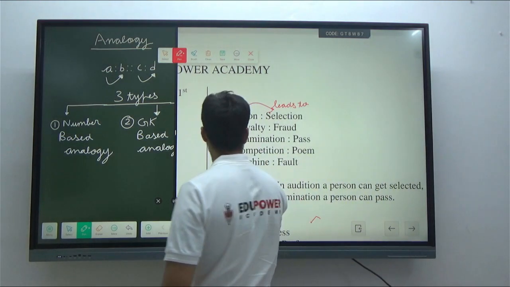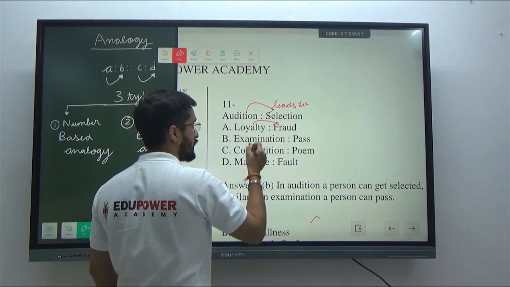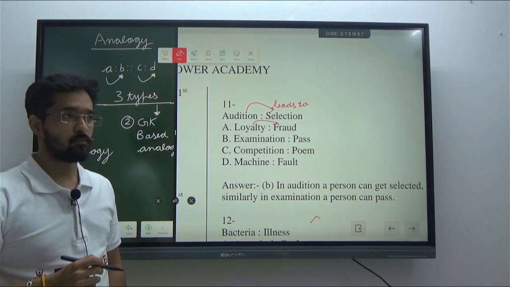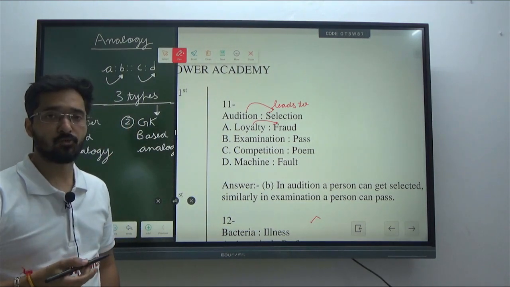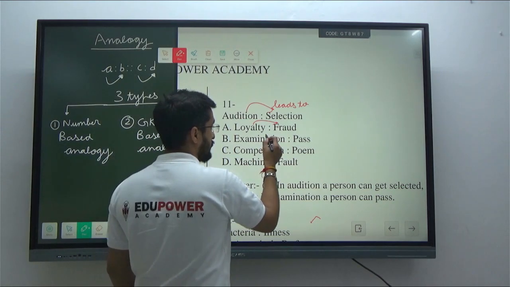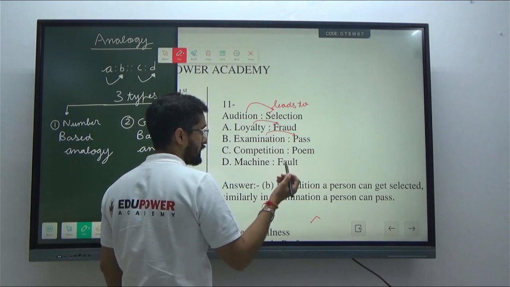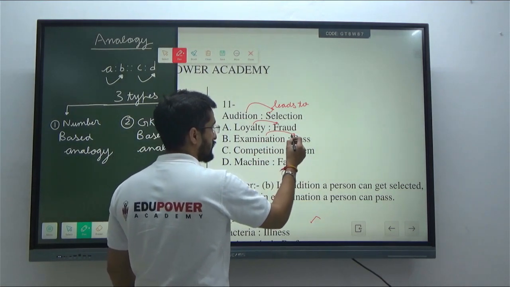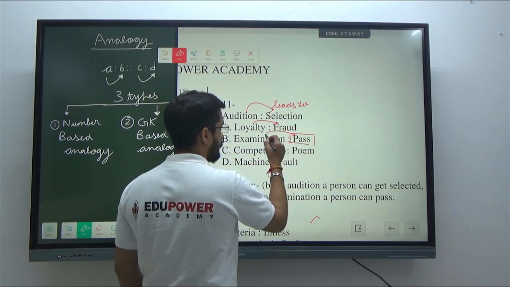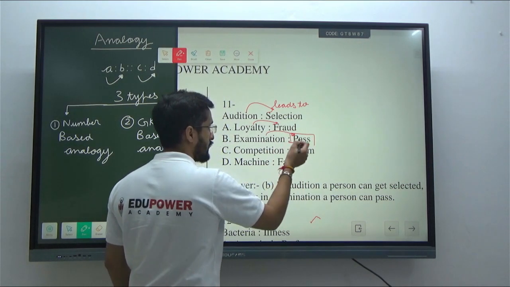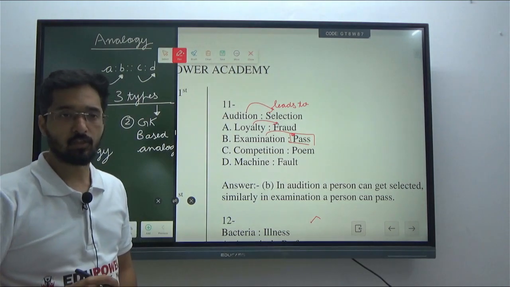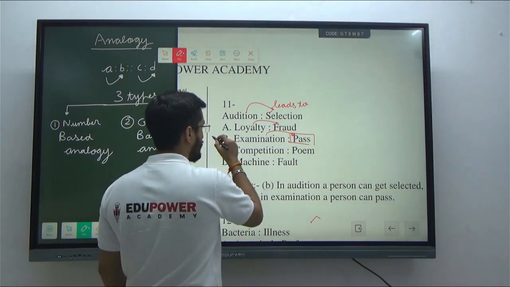So loyalty, can we say loyalty leads to fraud? This is incorrect. Loyalty does not lead to fraud. Examination leads to passing. Yes, we can say that passing is the outcome of examination. Seems to be correct.